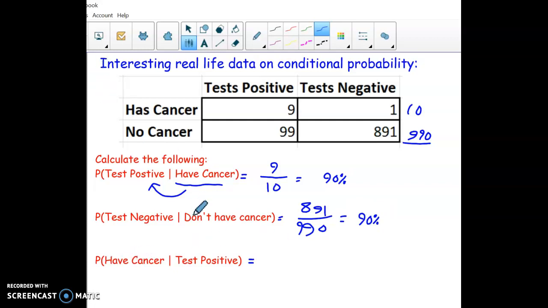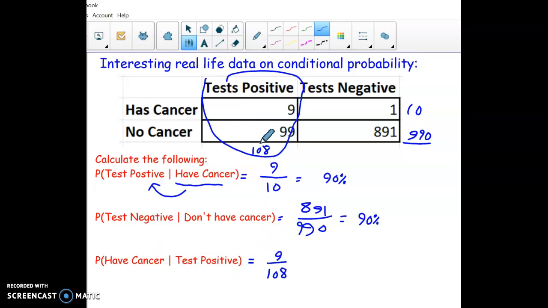But even though that's true, if we do the probability you have cancer given that you test positive, well, here's our positive tests, right? So that would be 108 if you add those up. Okay, and then out of those 108, the ones that actually had cancer was only 9, right?